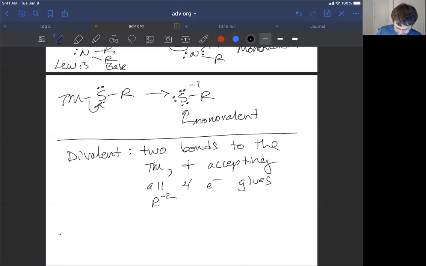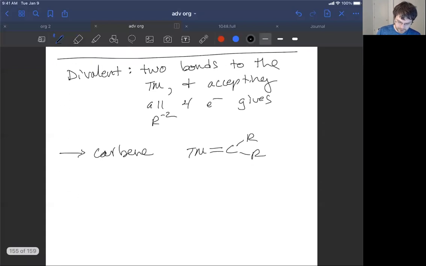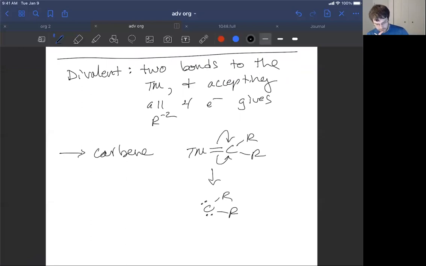The classic example is a carbene, where we have our transition metal now double bonded to a carbon atom, which has 2 R groups on it. And what we do is dump both of the bonds onto the carbon atom to give it this structure.